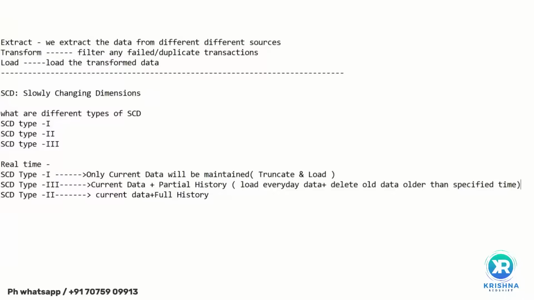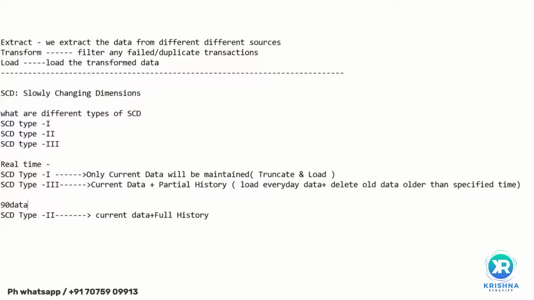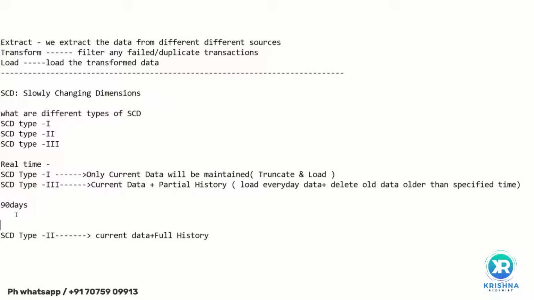Then, for example, it maintains 90 days of data, right? 90 days of data. So tomorrow when you load data, that is 91 days, it will overflow, right? So 3 months old data will be deleted. So every day the table will maintain 90 days of data only.